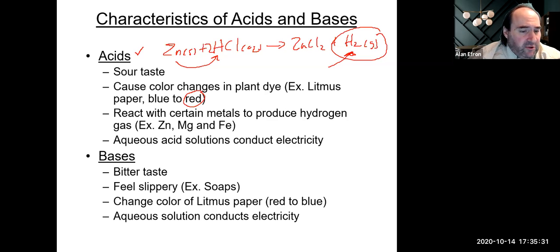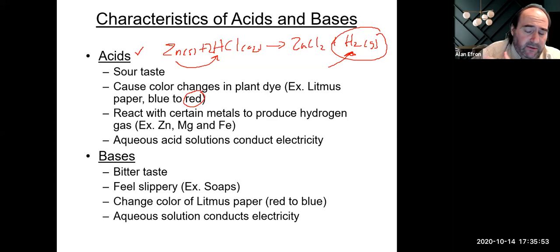Acids can be strong electrolytes, and weak acids are weak electrolytes, which means, again, that they have the ability to conduct electricity. Bases, on the other hand, have a bitter taste. Obviously, you shouldn't taste any acid or base, but they do have a bitter taste. A lot of soaps, drain cleaners, those types of things, those are bases.